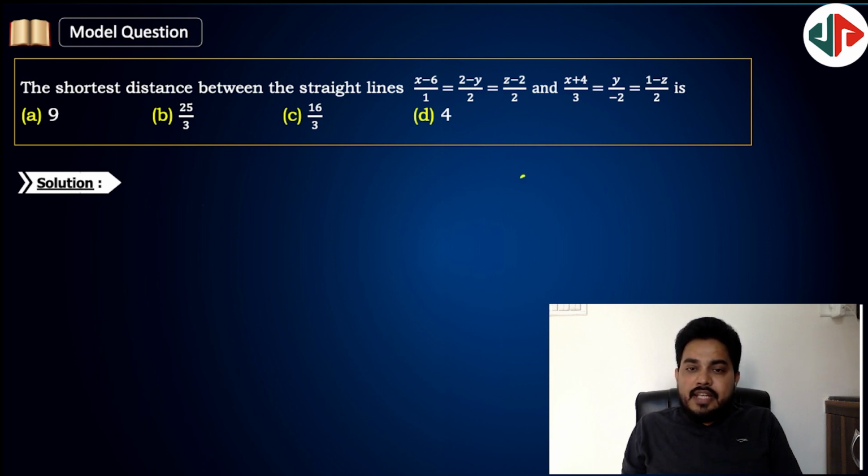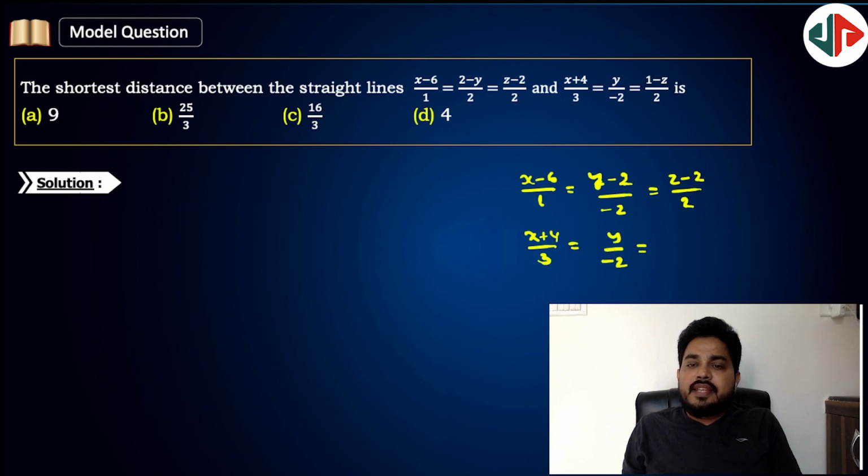So what are those lines? X minus 6 by 1 is equal to y minus 2 by minus 2 is equal to z minus 2 by 2. And this one is x plus 4 by 3 is equal to y by minus 2 is equal to z minus 1 by minus 2.